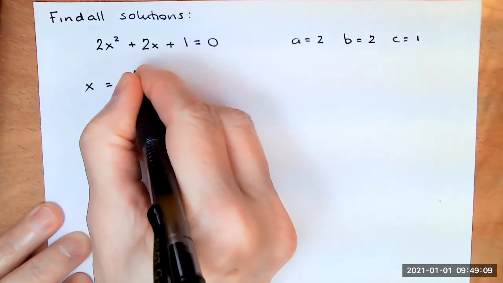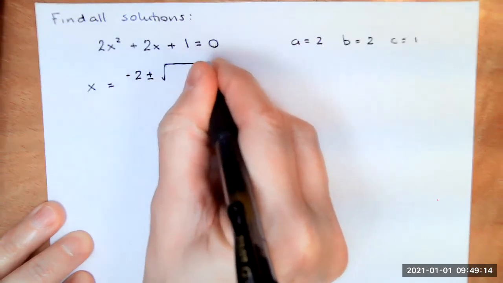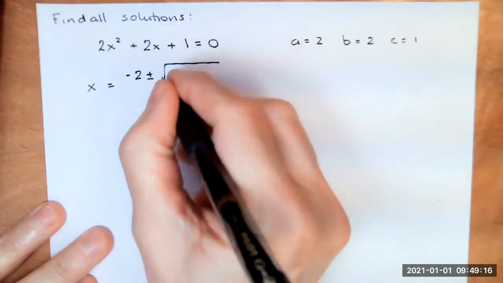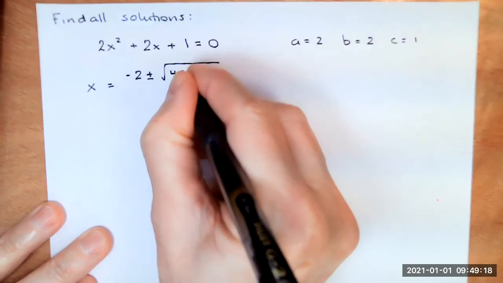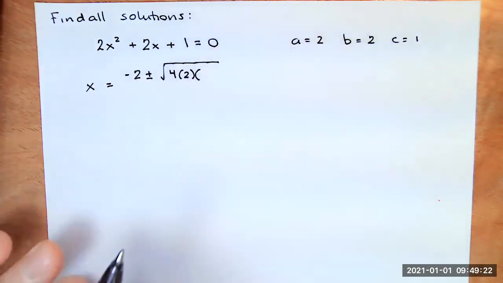the negative of 2 plus or minus the principal square root of 4 times 2. Oh, I'm sorry.